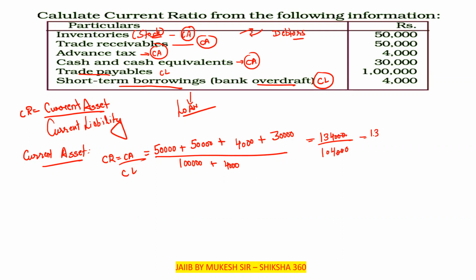So 134 upon 104, which is 67 upon 52. Please tell fast, what is the current ratio?